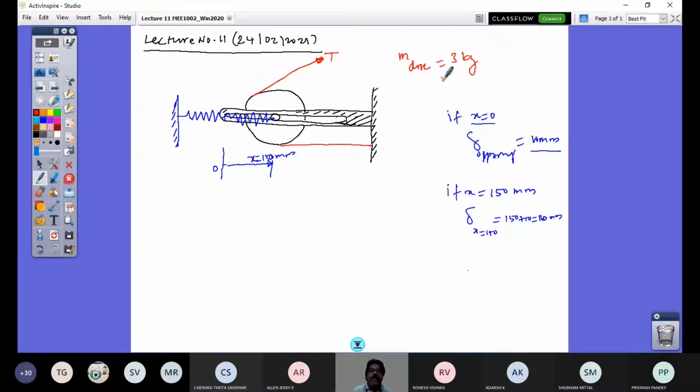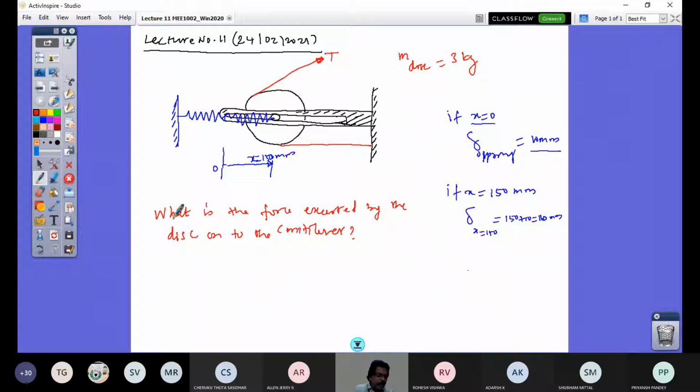What is the force exerted by the disc onto the cantilever? That is the question. So how do you go about solving this problem?